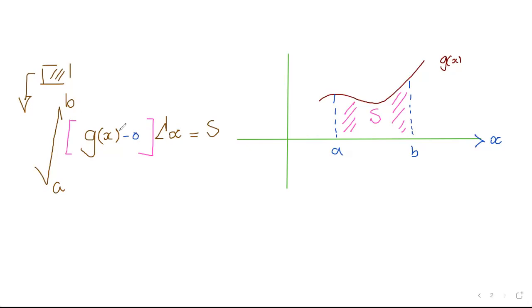Does it give me the same result at the end, the same area under the curve? Who says yes? One person. I'm going to say yes. Why? Because imagine that g of x minus 0, like 2 minus 0, how much does it give you? 2. Then by adding a 0 there, I haven't done anything to it.